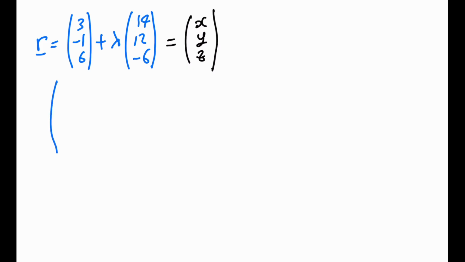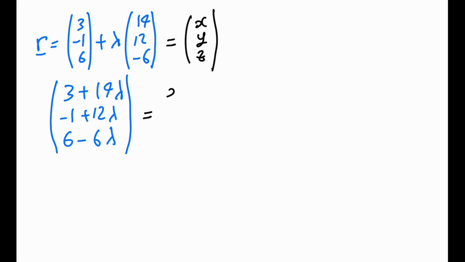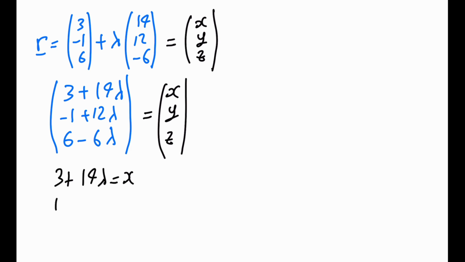One vector, which is 3 plus 14 lambda, minus 1 plus 12 lambda, 6 minus 6 lambda is equal to your x, y, z. From this, we get three equations. We get 3 plus 14 lambda is equal to x, 12 lambda minus 1 is equal to y, and 6 minus 6 lambda is equal to z.